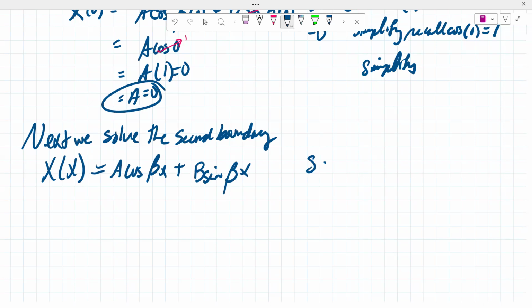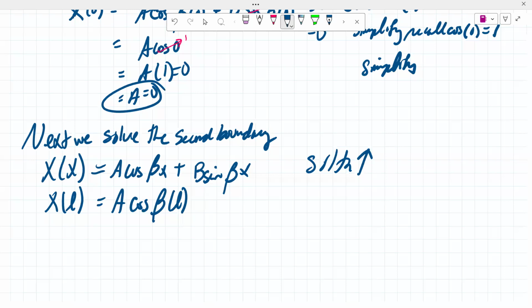This is the solution above. I just copy that down. Now we're going to sub in. So x of L equals a cosine beta L plus b sine beta L equals 0. This is subbing in that x of L equals 0 from the bound.